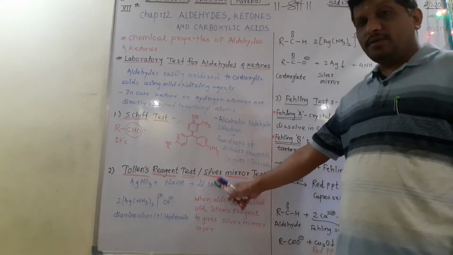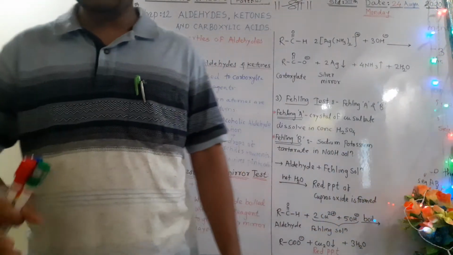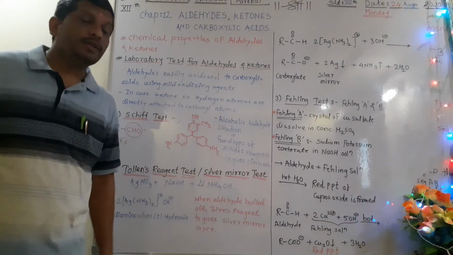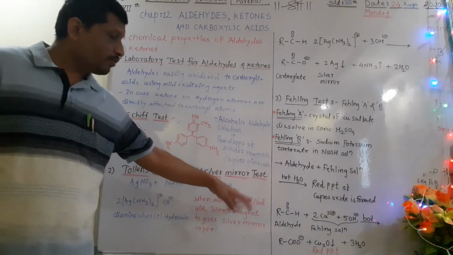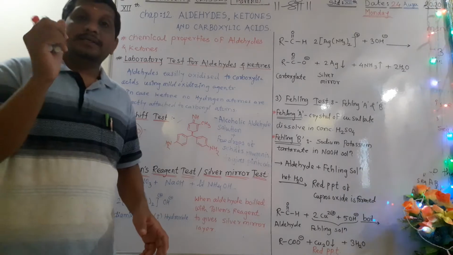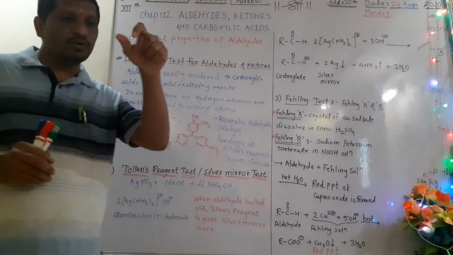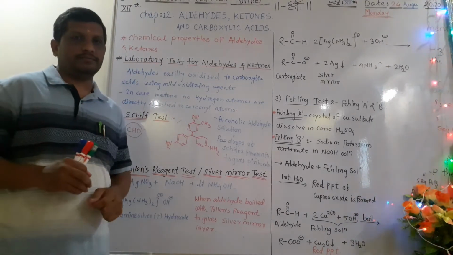Now here is how the test is performed: aldehydes are boiled with Tollens reagent. When aldehyde is boiled with Tollens reagent, it gives the silver mirror layer.